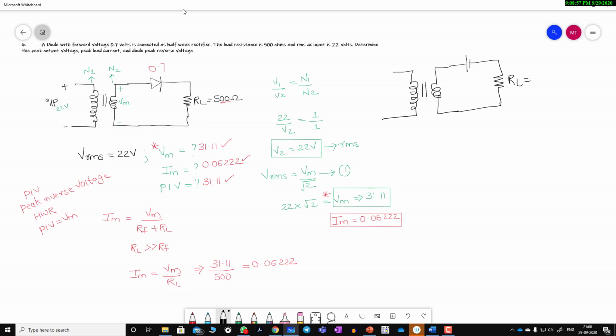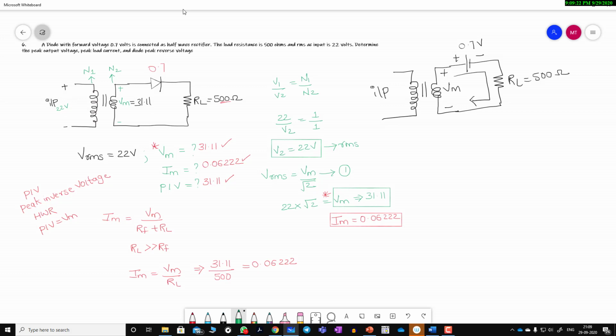RL is 500 ohm, and here I am applying input. The answer for Vm which I got is 31.11, positive, negative. Now the direction is from positive to negative.